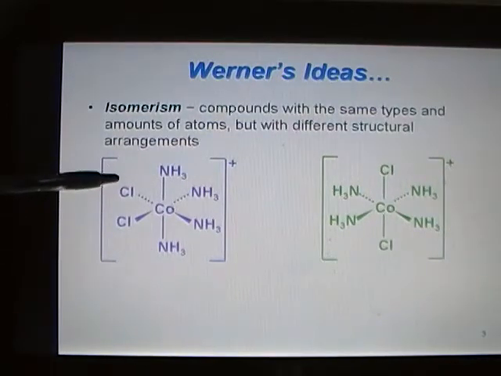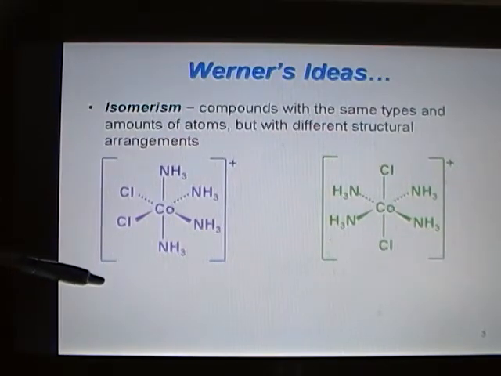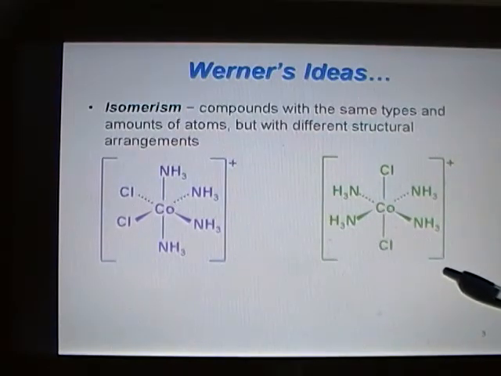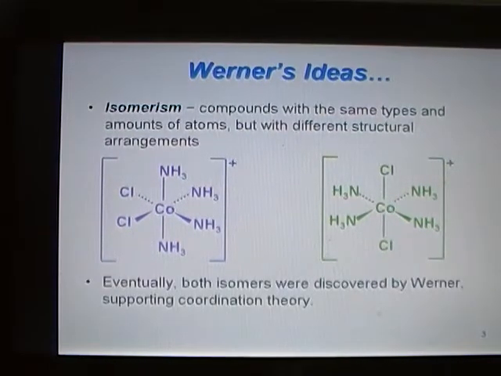This isomer has 2 chloroligands cis to one another, or 90 degrees from one another, and its color is purple. This compound has the 2 chloroligands 180 degrees from one another. This compound appears green. Eventually, both isomers were discovered by Werner, and this supported his idea known as coordination theory.